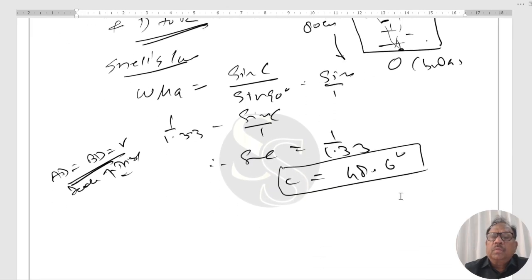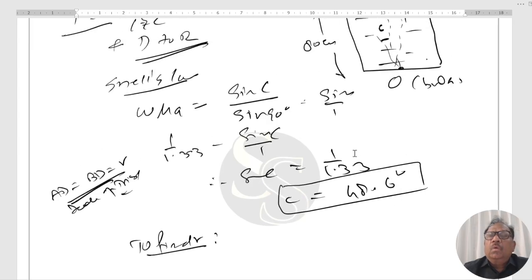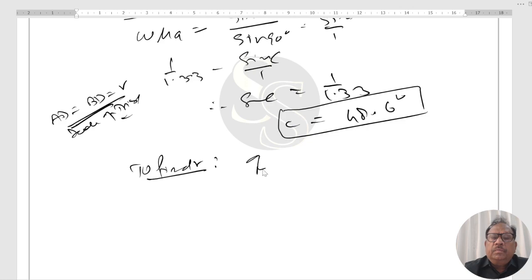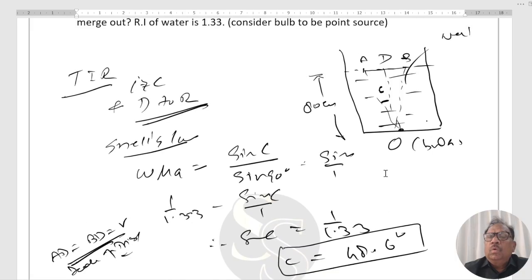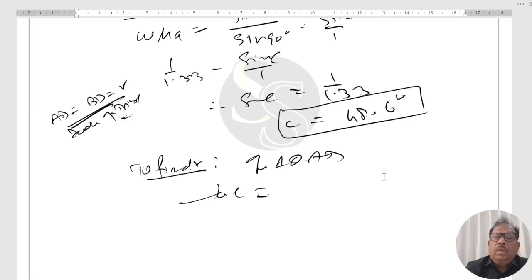Now, to find R, using triangle OAD, tan C will be equal to AD upon OD.